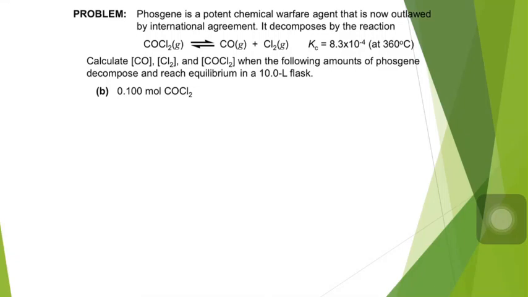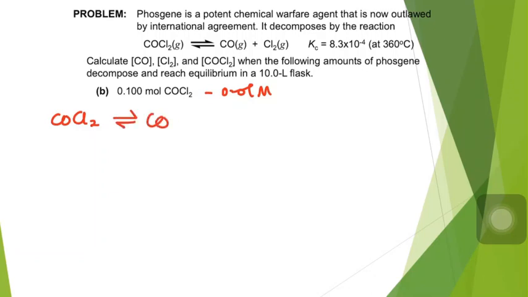Okay, the starting amount of the COCl2 is 0.1 mole. Just now we have calculated the concentration of this in 10 liter flask is equal to 0.01 molar. So construct our ICE table.